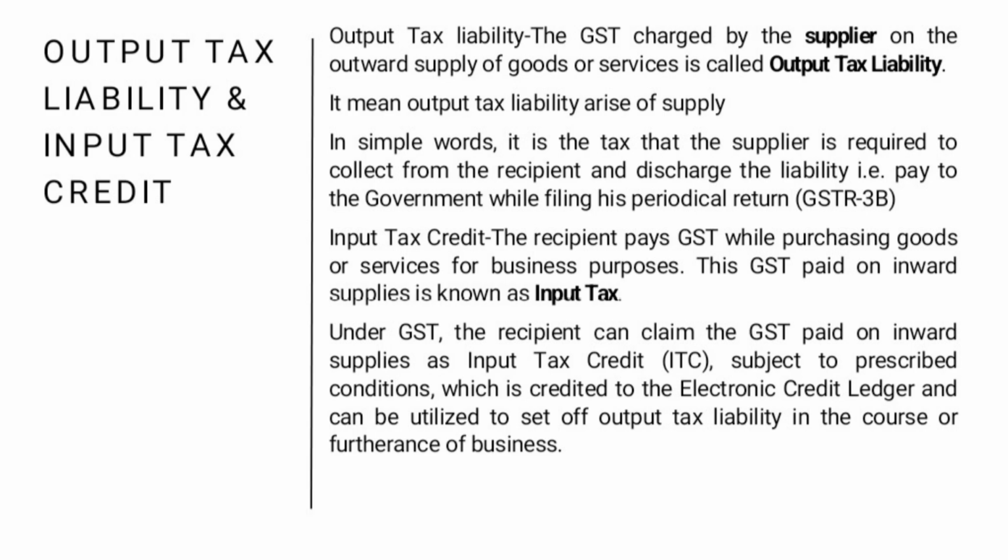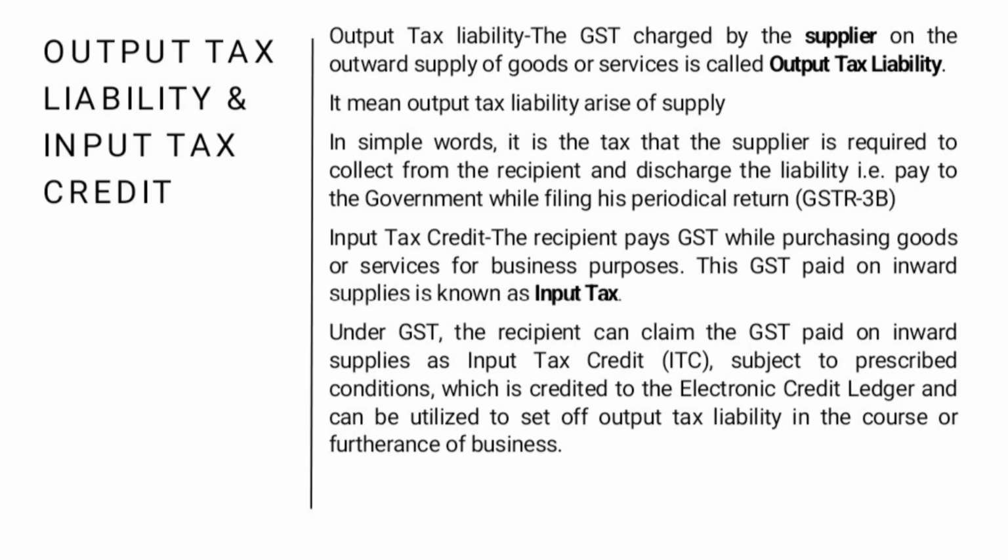Then input tax credit. Input means it's an input for you. When the recipient pays GST while purchasing goods or services for business purposes, this GST paid on inward supply is known as input tax. I purchase goods from you.